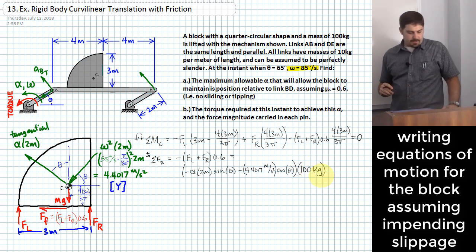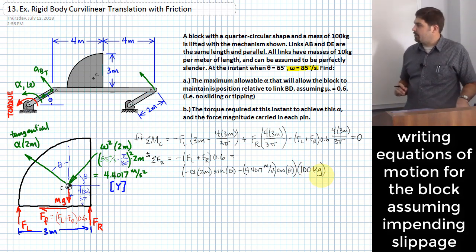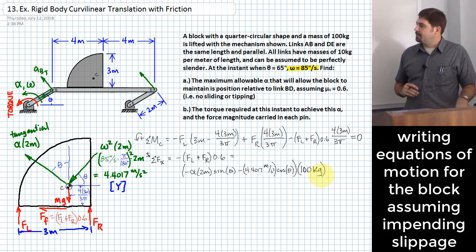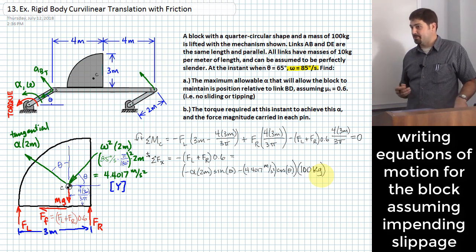Now, for just a second, let's look at our system and ask, are we any better now? Now we have FL, FR, but we've introduced this other variable alpha as well. So now we have 2 equations and 3 unknowns. So we need to do our last equation.